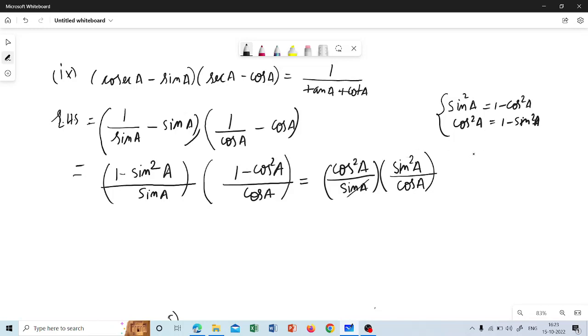It is of the form, for example, x square by y into y square by x. The square terms will go, and the remaining term is xy. Similarly I can write sin a into cos a. So this is a method to solve the question.